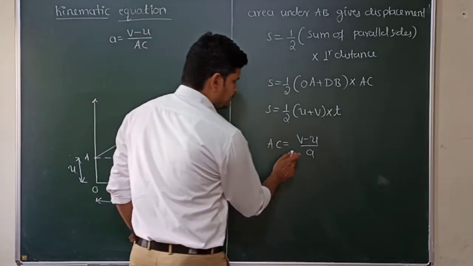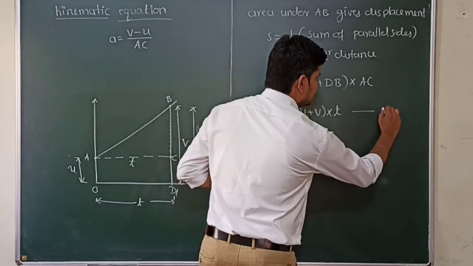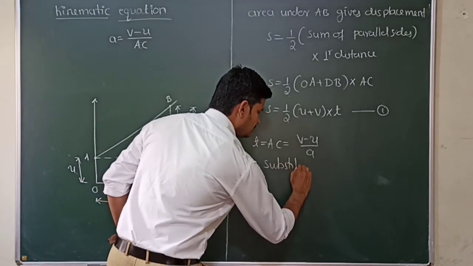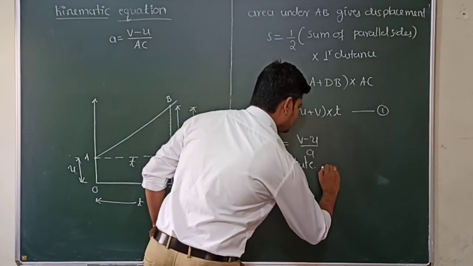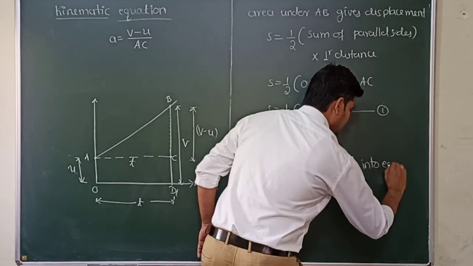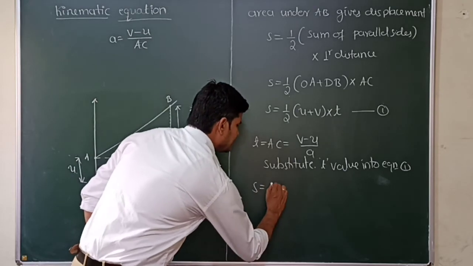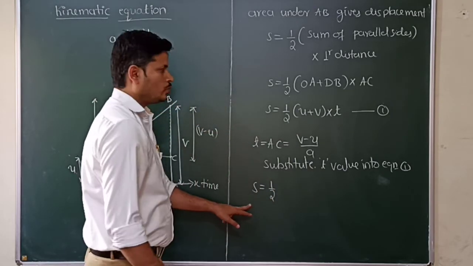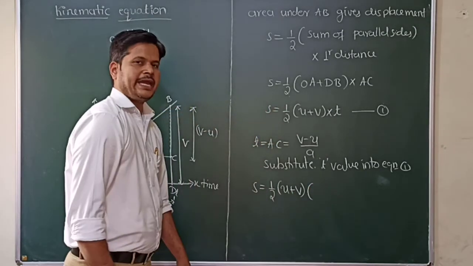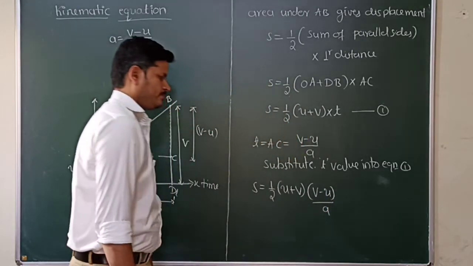Now substitute this t value into equation 1. Then s is equal to 1 divided by 2 into u plus v into bracket v minus u divided by a.